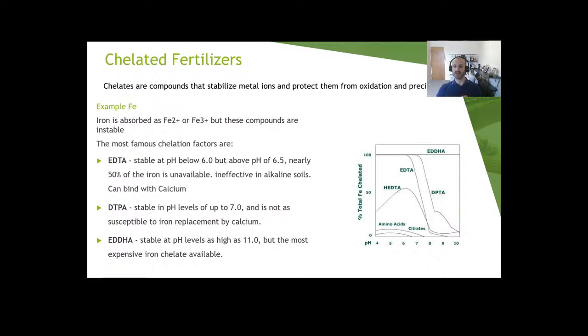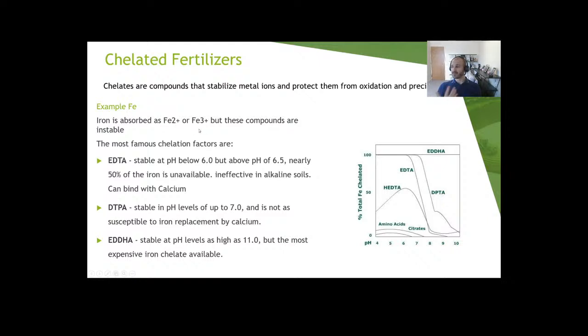Chelation is basically a compound, usually organic, could be natural, that coats the ion of the nutrient and stabilizes it. Because these nutrients, for example iron, are absorbed by the plant only as iron 2 or 3.